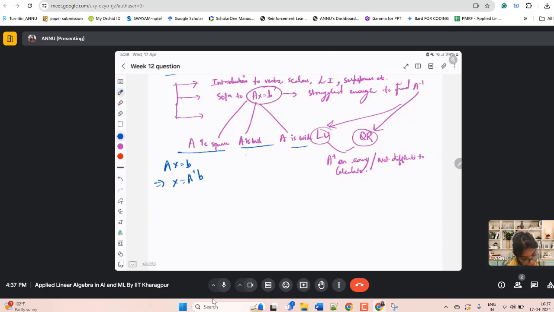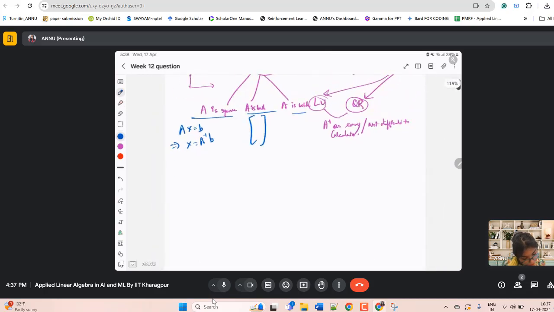But if A is tall, tall is this way, you have number of equations less than number of unknowns. So here, the first one, system is always consistent.